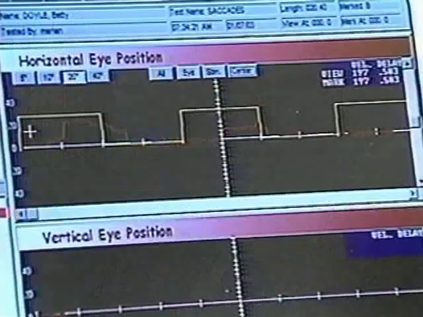This particular type of testing requires full-field retinal imaging and stimulation, and the test paradigms that are utilized are random targets and predictable targets. Analysis has to do with the assessment of latency, velocity, accuracy, and asymmetry.